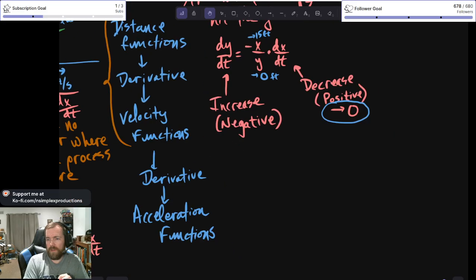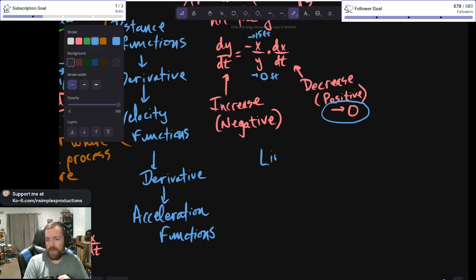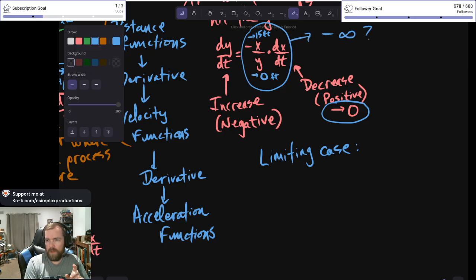So at the very least this is going to become an indeterminate value.